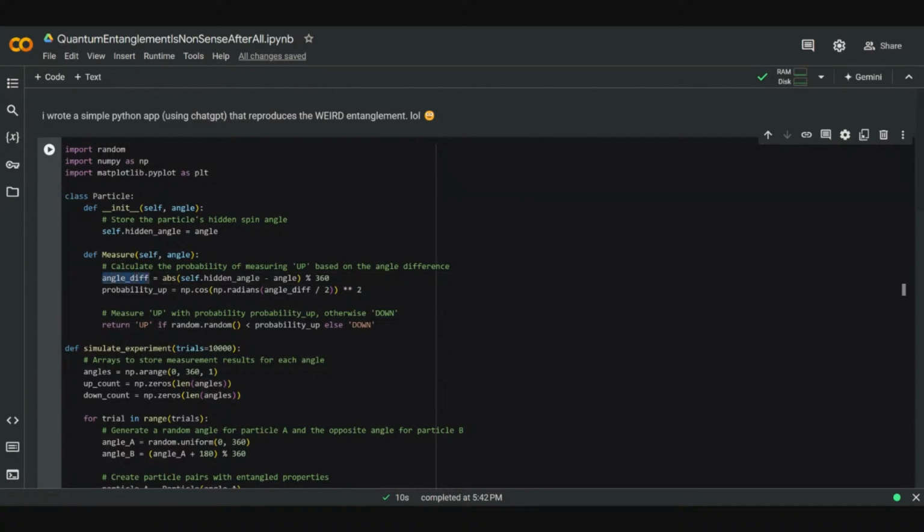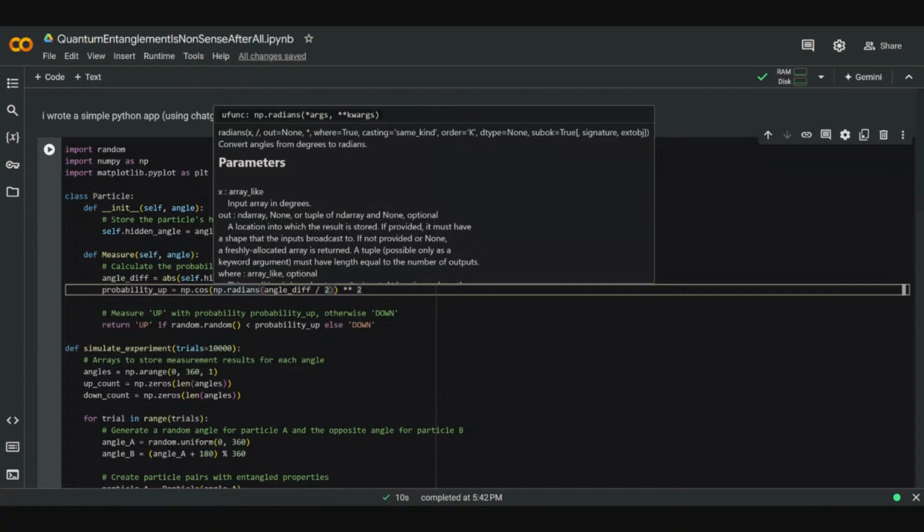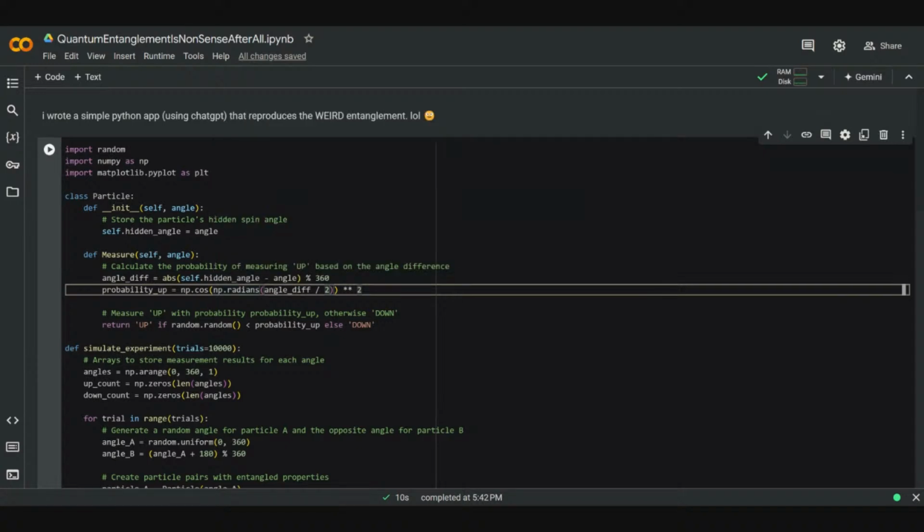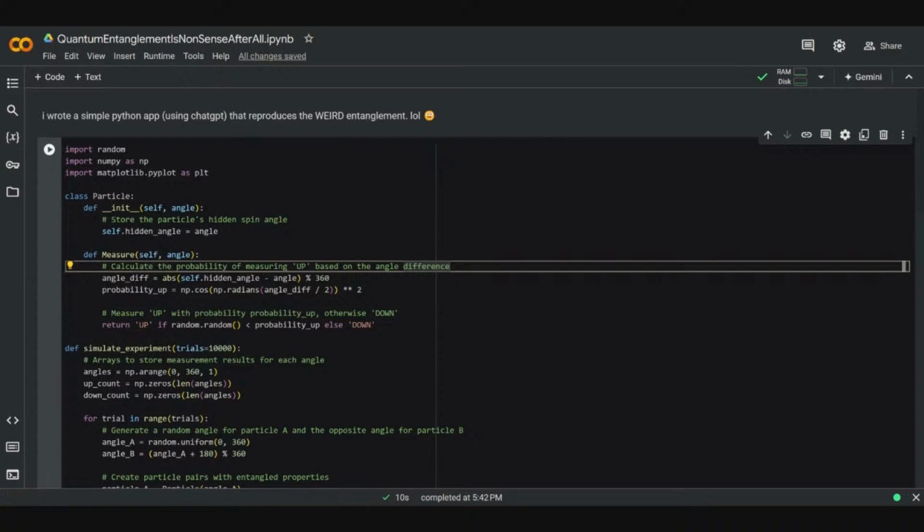The angle difference, that's fine. Then you take the angle difference, you divide it by 2. Convert to radians. Take the cosine squared. And that's the probability that it's up.